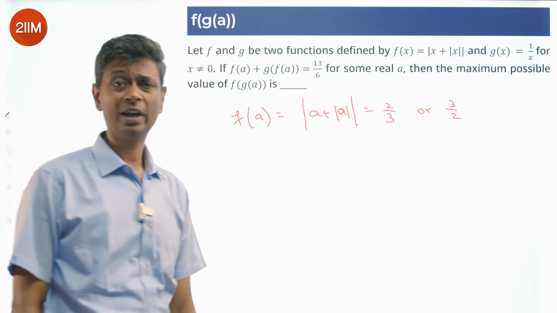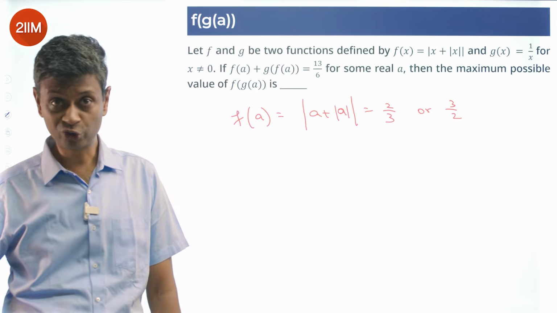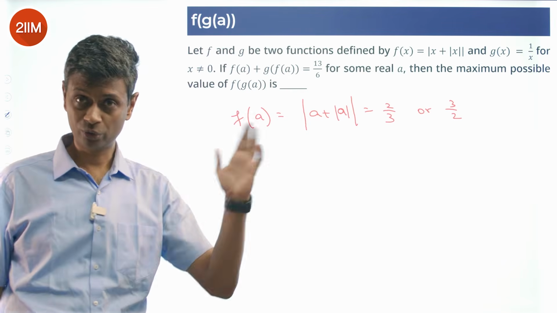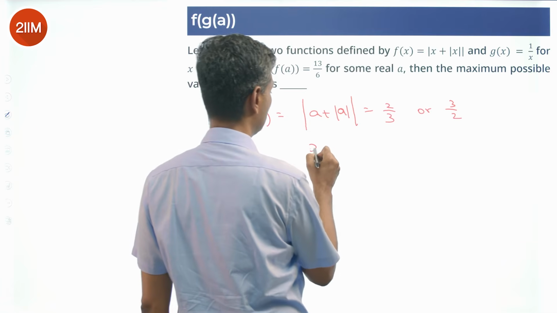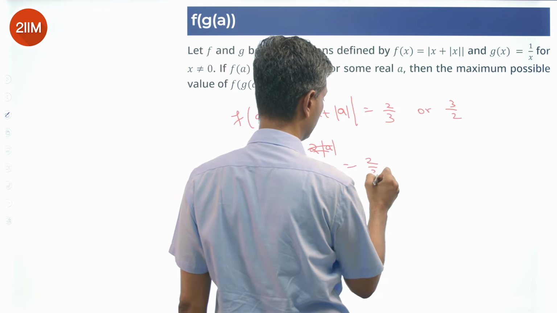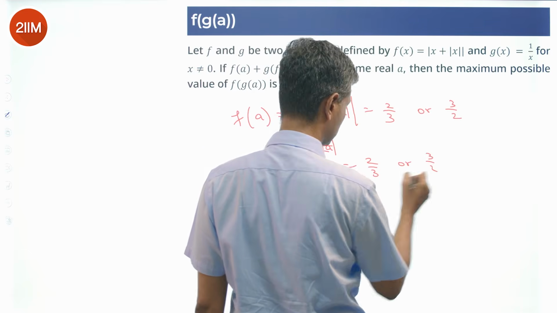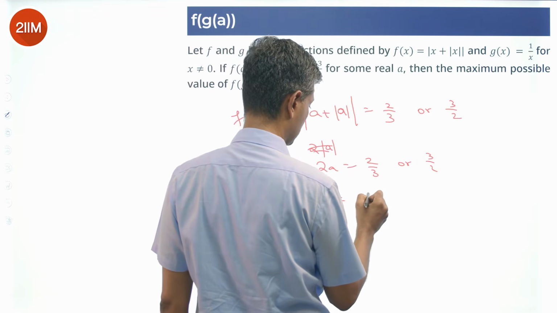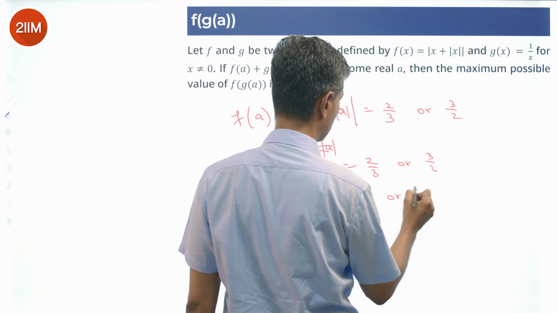We know that when a is negative, f of a goes to 0. This is not negative, it doesn't go to 0. Or 2 mod a, or 2a is 2 by 3 or 3 by 2. Or a is 1 by 3 or 3 by 4.